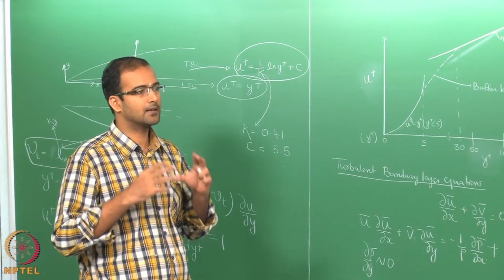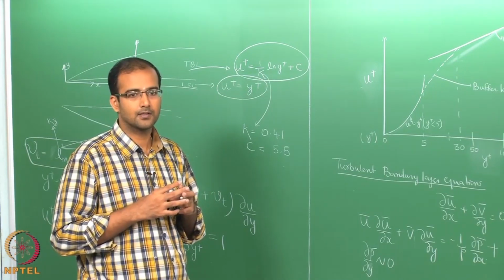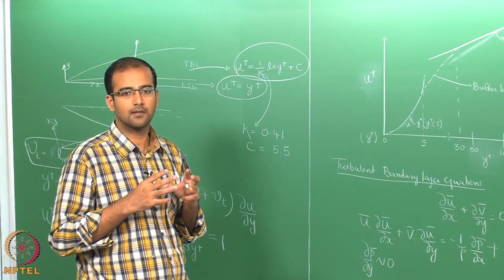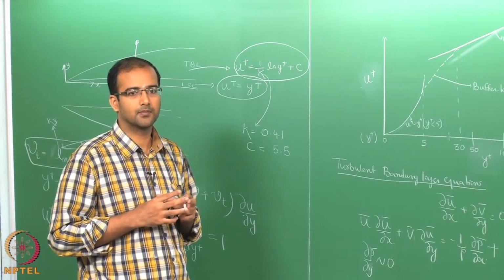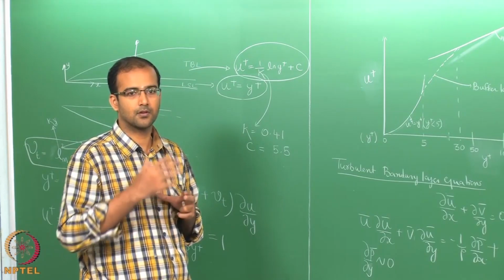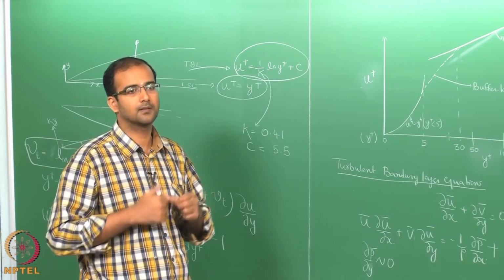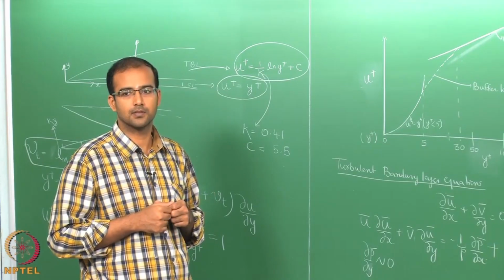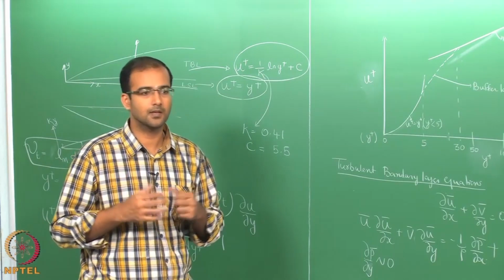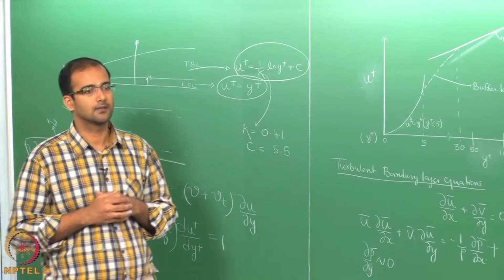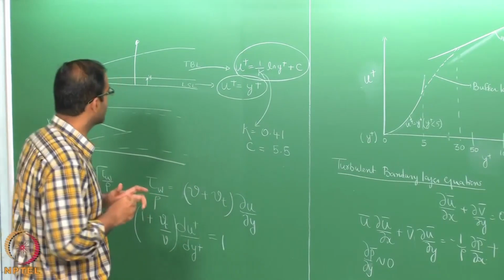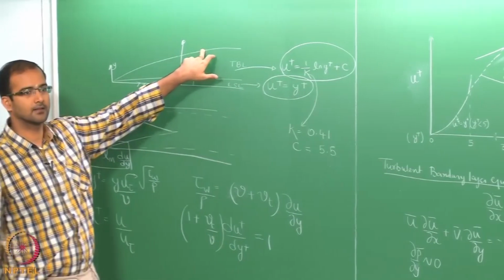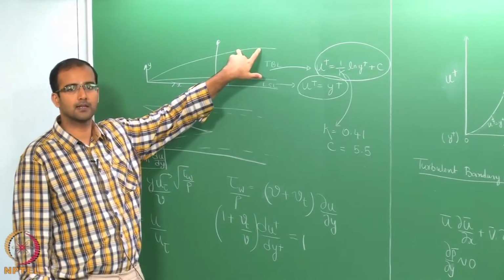Well, in a laminar boundary layer, your Prandtl number is governing the ratio of the molecular diffusion of momentum and energy. But what happens in a turbulent boundary layer? If you talk about this boundary layer, this is actually your turbulent boundary layer thickness.